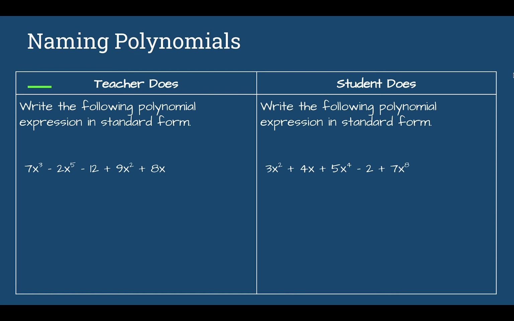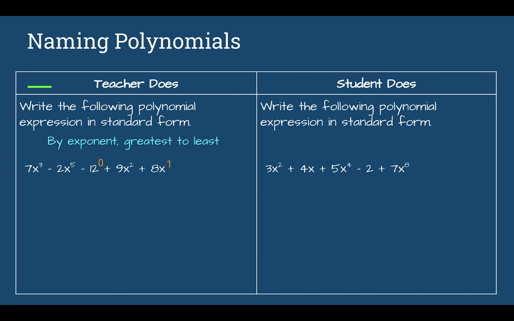So first, write the following polynomial expression in standard form. So we wanted to go by exponent from greatest to least. So we're looking at our exponents here. We have a negative 12 that does not have one at all, and we have 8x that doesn't have one either. Remember, the one with no x at all is a 0 power, and the one with just an x but no exponent is a 1.